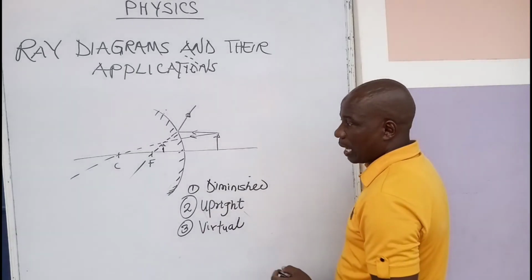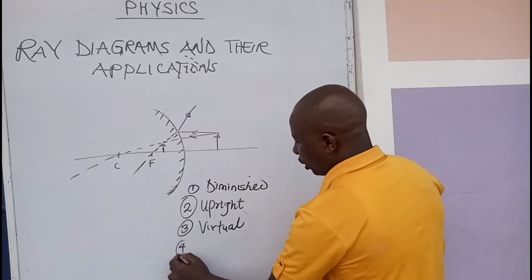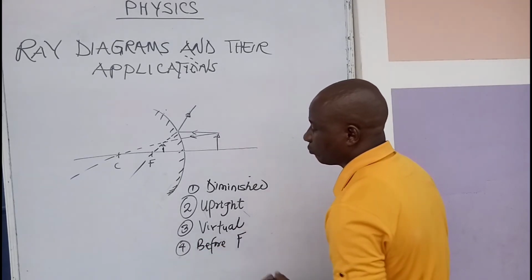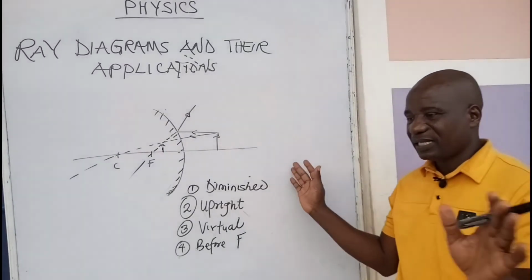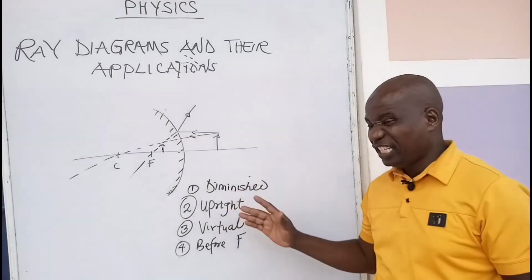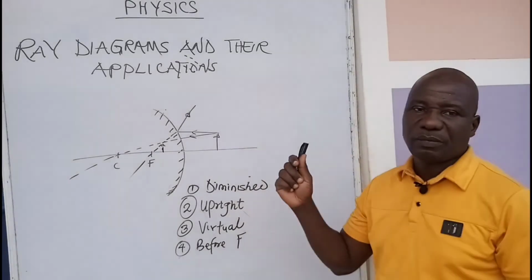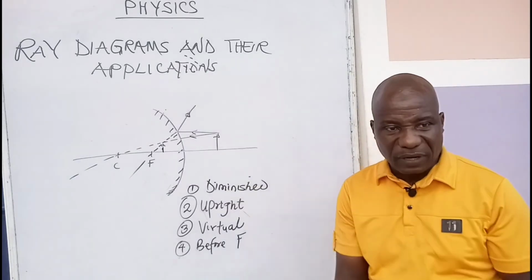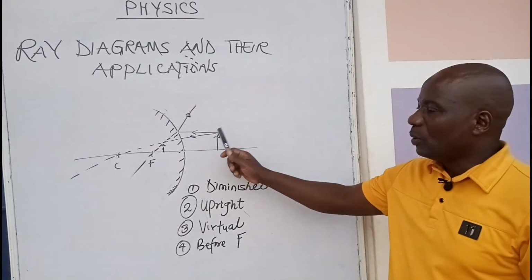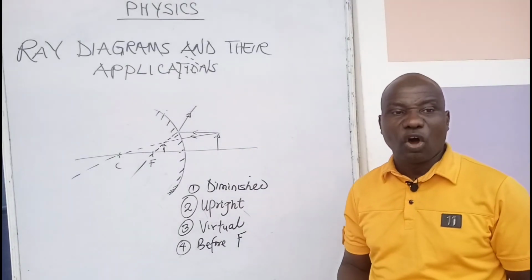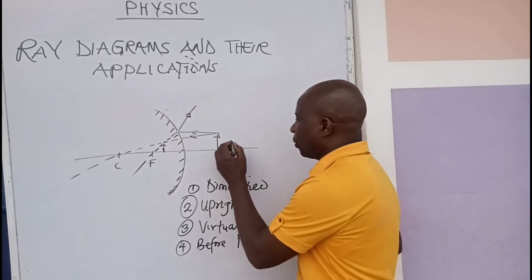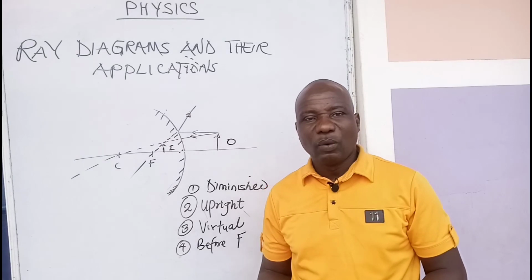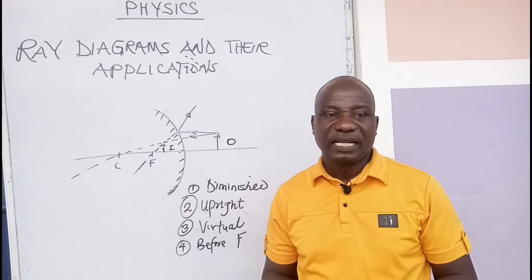Are you getting it now? And four, it is before C, before F. These are the characteristics of the image formed by a convex mirror, irrespective of the distance, whether very close or very far. The moment you are told that it is a convex mirror, you should know that this is the object, and this is the image. The image will be upright. Class, I sincerely believe this is clear enough.